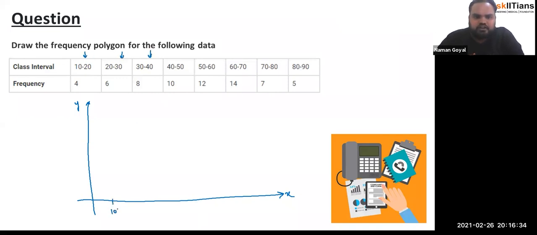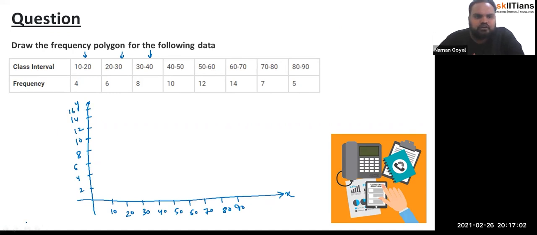So we take 10, then 20, 30, 40, 50, 60, 70, 80 and 90. On the y-axis we can take 2, 4, 6, 8, 10, 12, 14, 16 and so on.